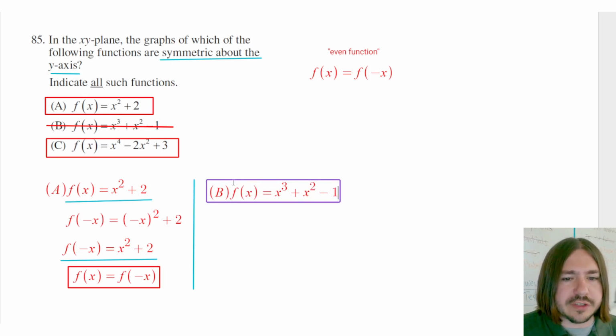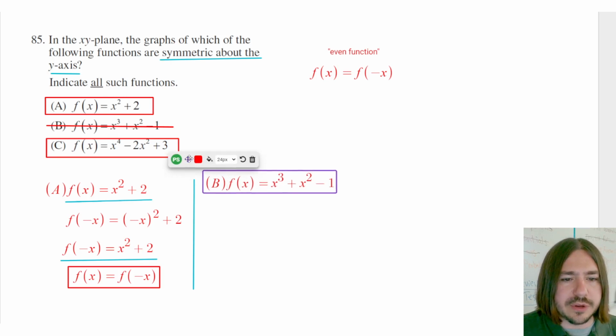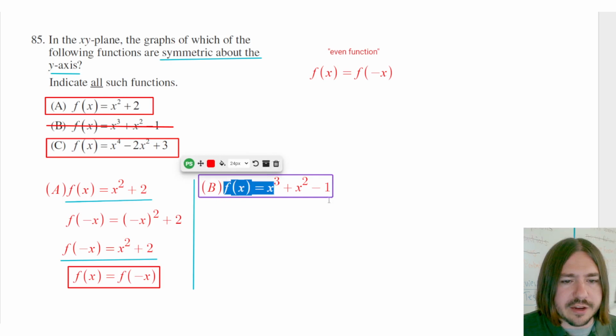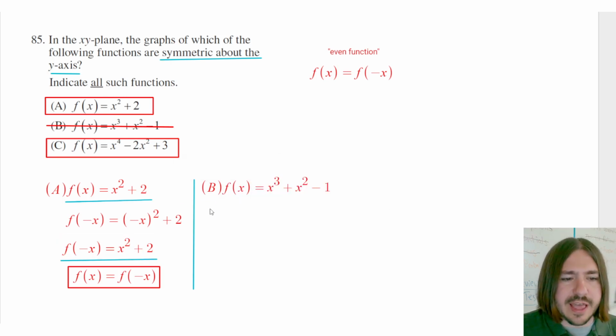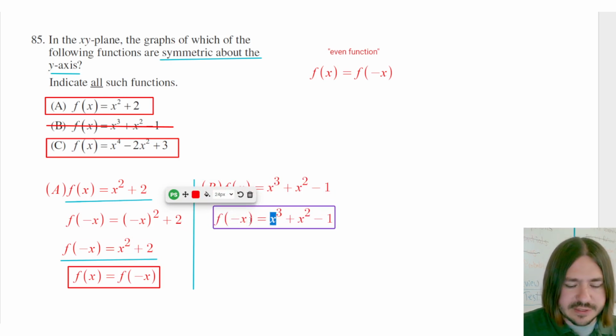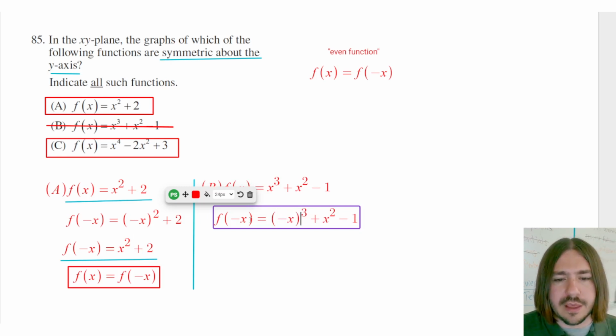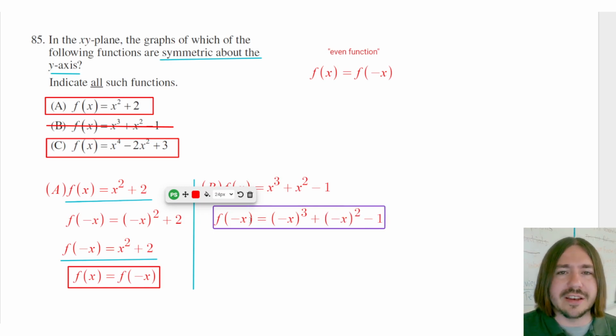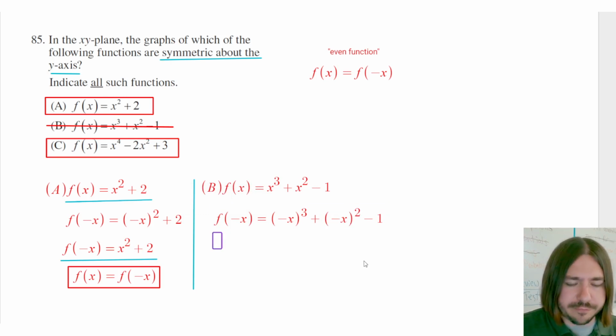And it's really this x cubed that has an odd exponent that's going to throw us off, because when we plug in a negative x and I raise that to the third power, negative x times itself 3 times is going to continue to be negative, because you can pair up 2 of those x's and a negative times a negative is positive, but if I multiply another negative x, it's going to end up being negative.